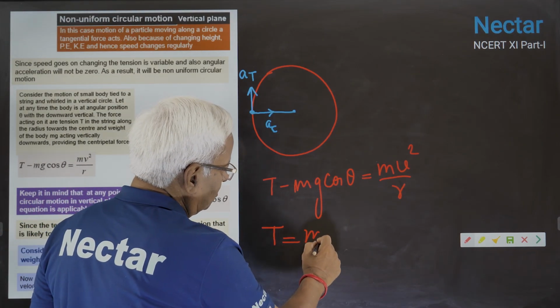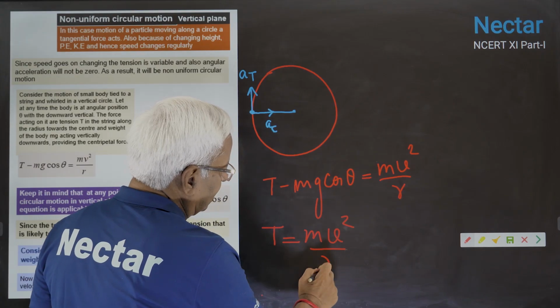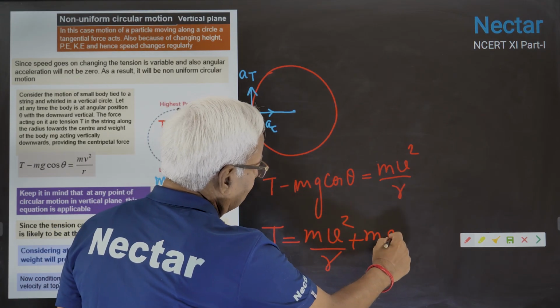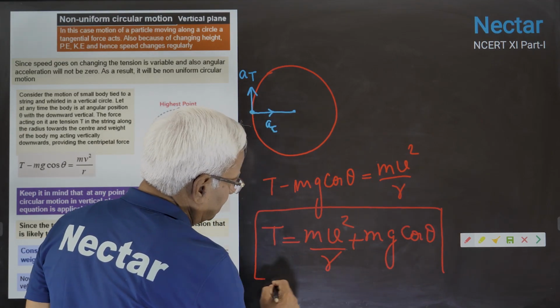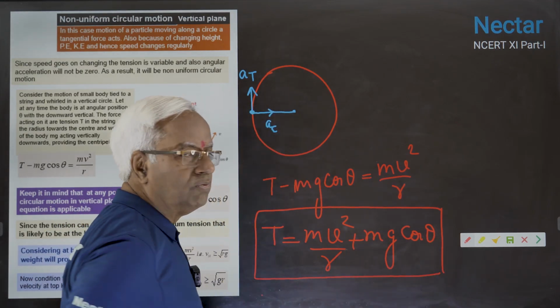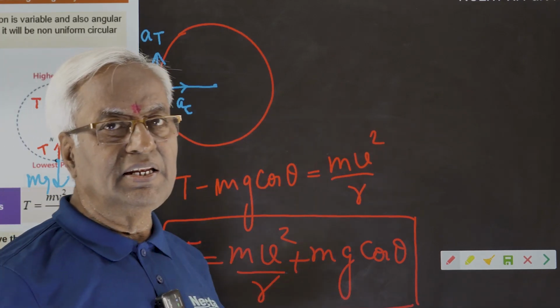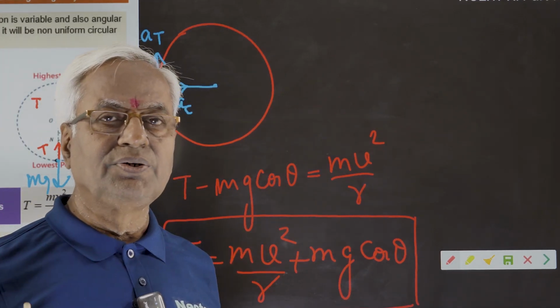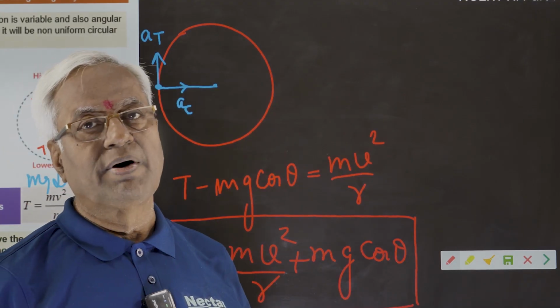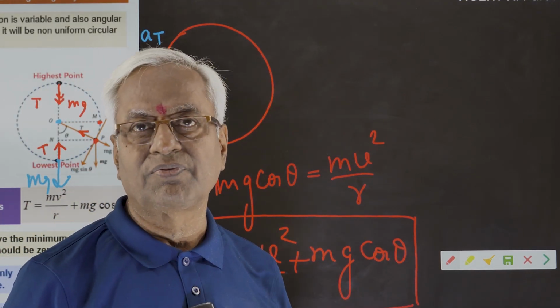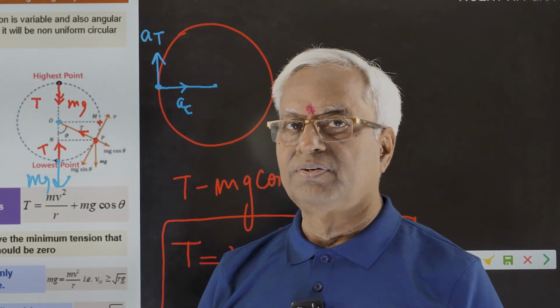Sometimes the form is also changed, this becomes of other format. But this is general equation for being used at any point in the entire discussion. But we'll go one by one. Let's start from the highest point.